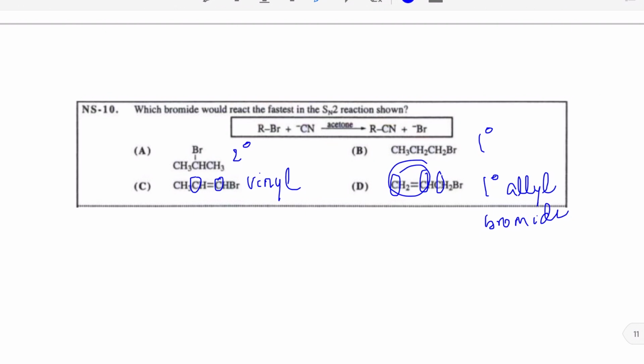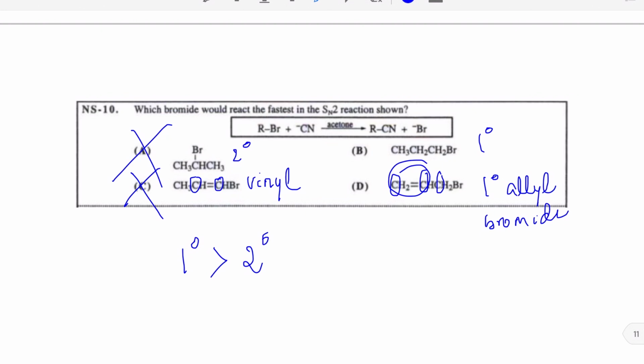So that immediately rules out C. And now we're left with A, B, and D. Choice A can also be ruled out because we know in terms of reactivity that SN2 reactions are faster when they're dealing with primary alkyl halides as compared to secondary alkyl halides.